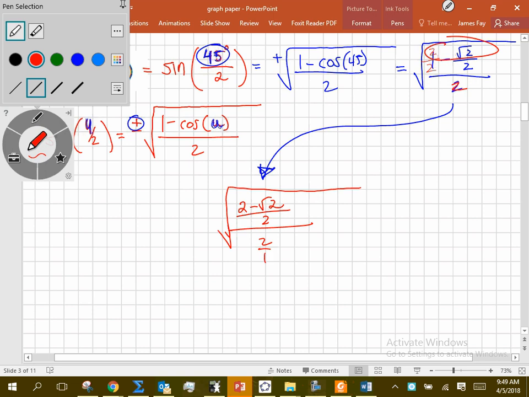If I have a fraction divided by a fraction, can I multiply by the reciprocal? So I'll do that, multiply by 1/2. And it's going to give me now the square root of 2 minus radical 2 all over 4, right?